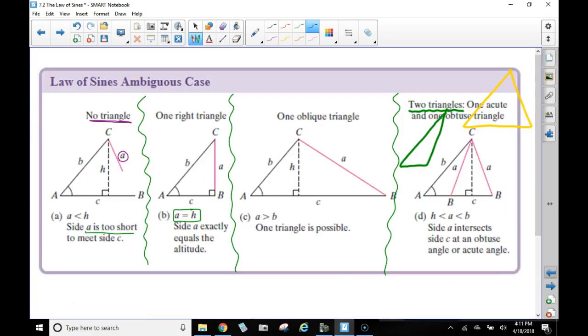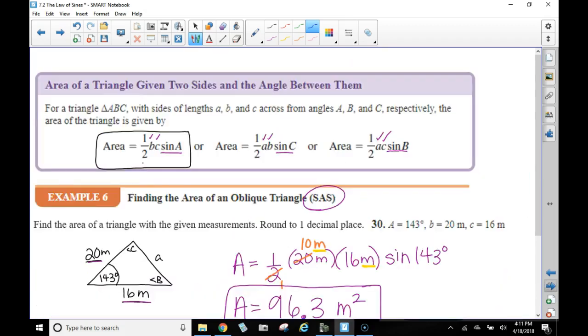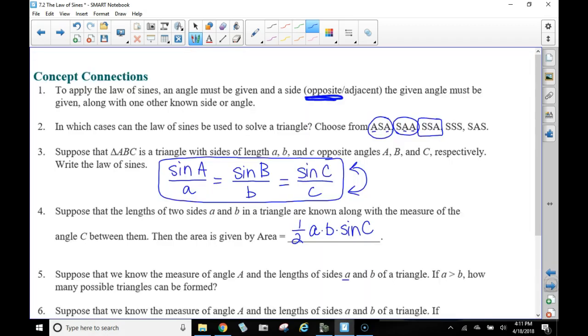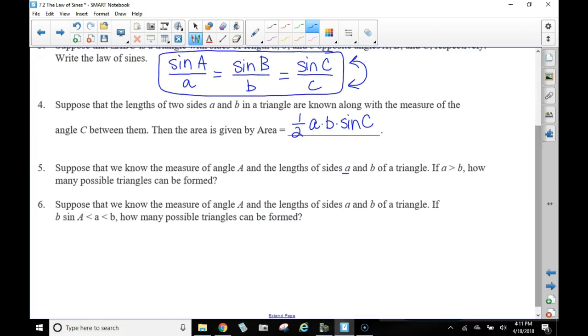We were given angle A, and side a is opposite given angle A, and if a is greater than b, then we've got one triangle possible. So, all this scrolling just to say one triangle possible.